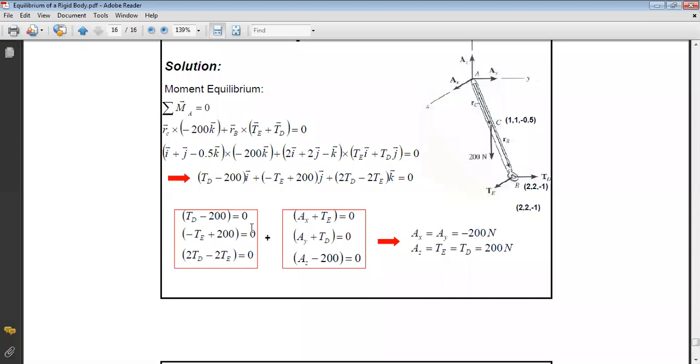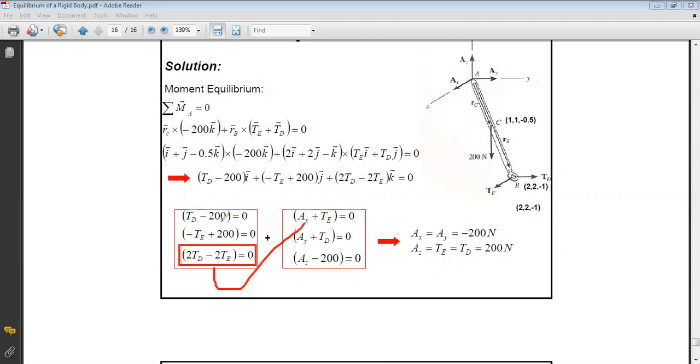So this equation will be like a repetition of the result I already obtained. It will give me that TD equals TE, and this is verified. From the other equations, this is verified. So in this example, equilibrium is possible.